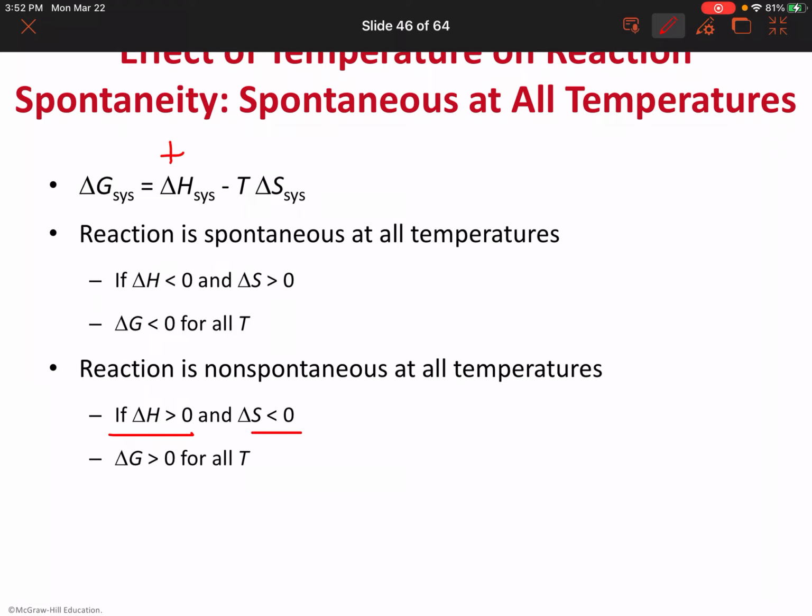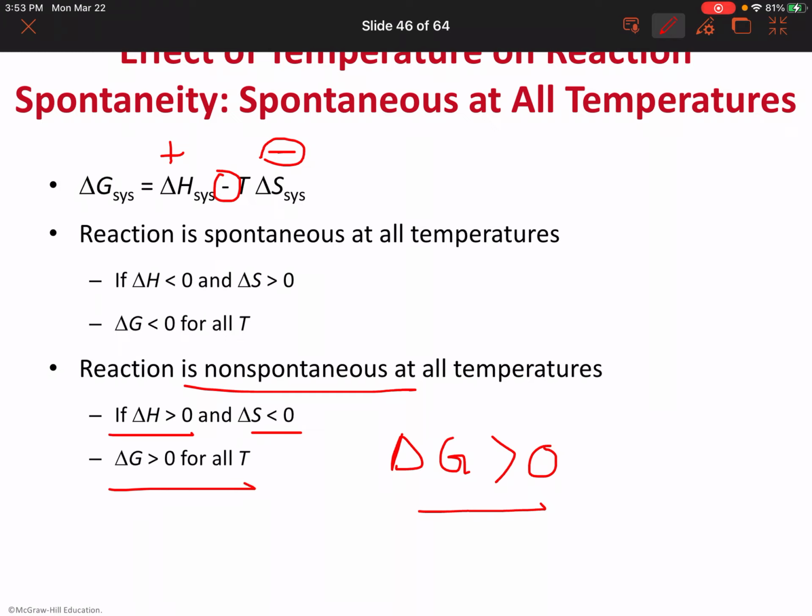Delta S is less than 0, so this is negative delta S. This negative and this negative make it positive. So you have two positive terms adding up. Delta G then becomes greater than 0 and it is non-spontaneous. Delta G is greater than 0 for all temperatures if it is an endothermic reaction and delta S is also less than 0.